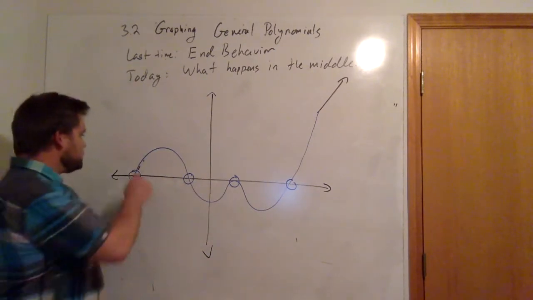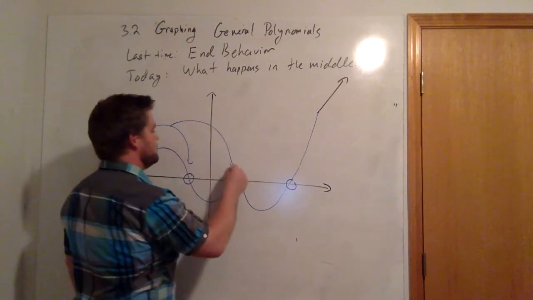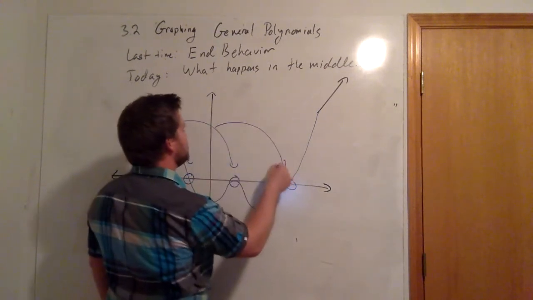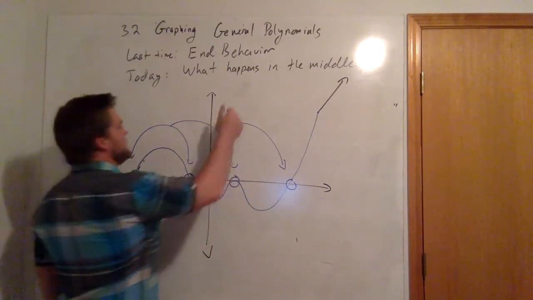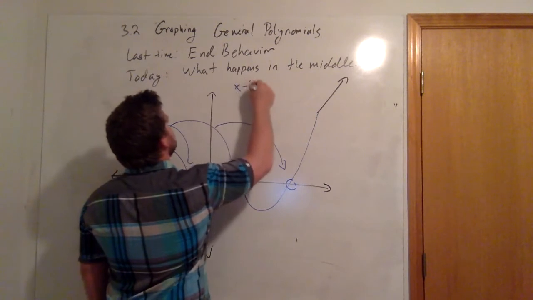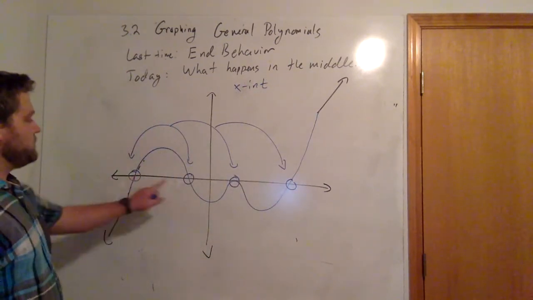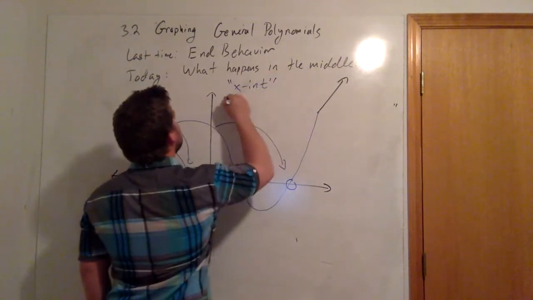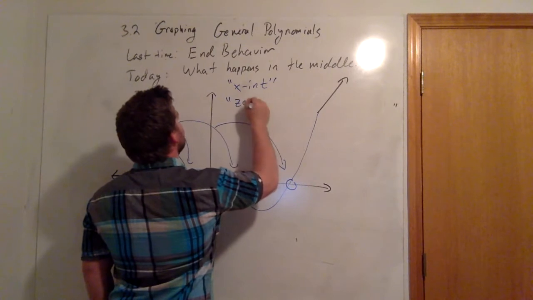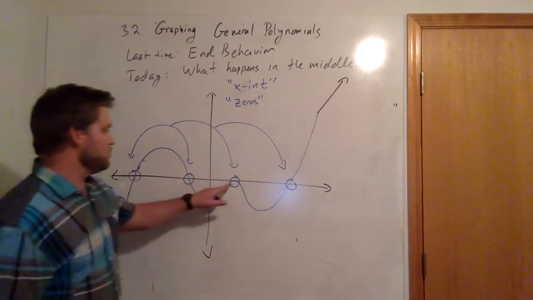So here, let's give a few names that we have for these. I know you may know them as x-intercepts, but there are other words we use. Sometimes these are called the x-intercepts of a graph. You might sometimes hear the textbook call these the zeros of a graph, because that's where the output of the function is 0.